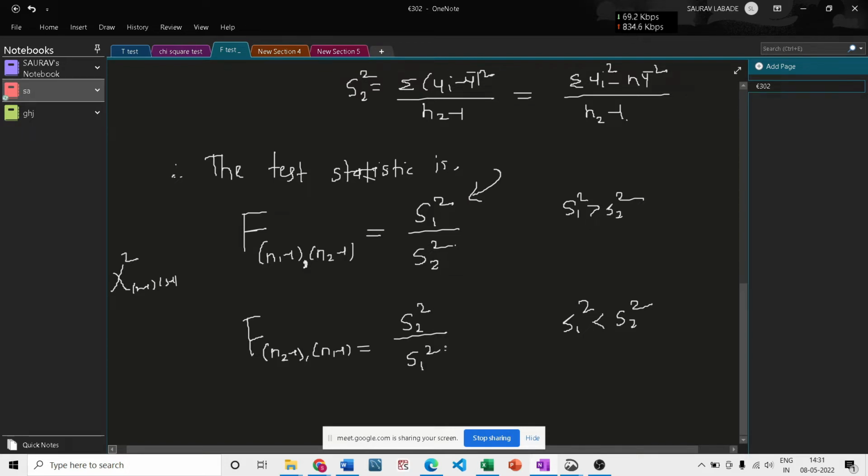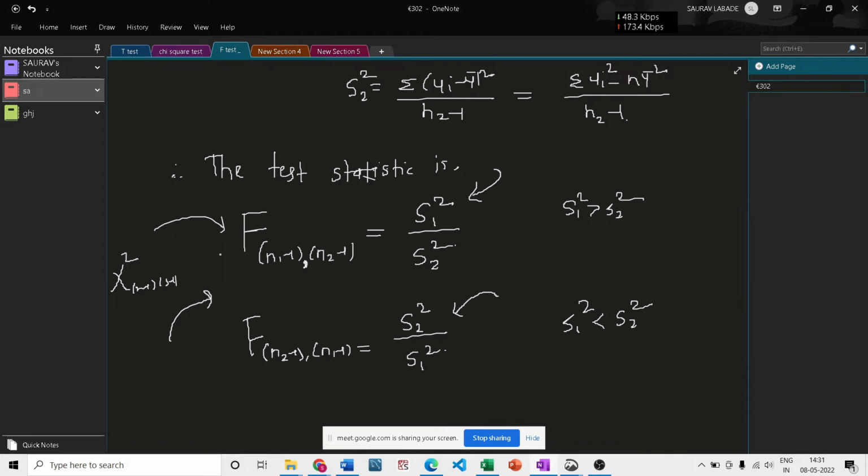That means whichever of s1 square and s2 square is greater, I will put in the numerator. Here s2 square is greater, so I have put s2 square. So I have to decide the test statistic on the basis of the values of s1 square and s2 square: first I check which value is greater, then the test statistic is decided accordingly.